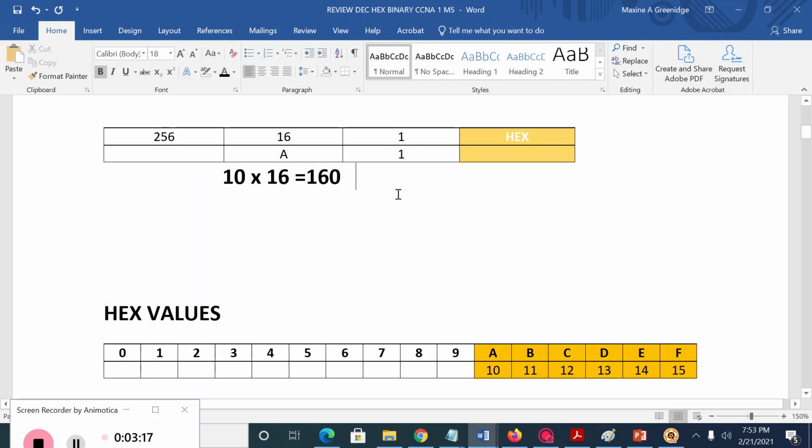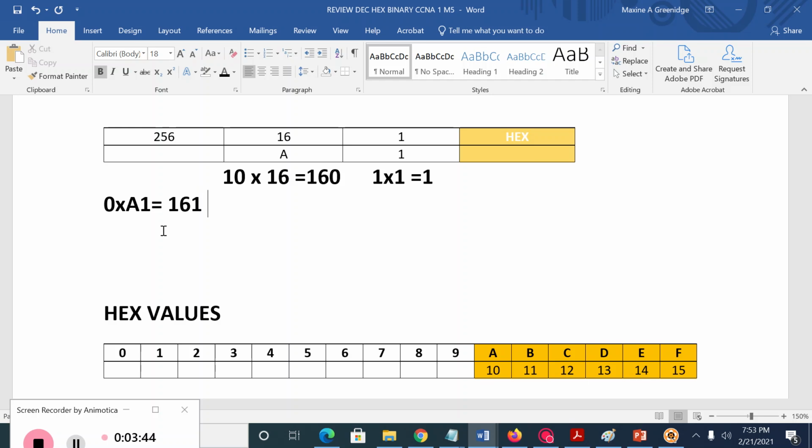So we're simply just going to do a 1 times 1, and we're going to get the value of 1. Now, if we add those up, the 160 and the 1, that would be our decimal equivalent. So hexadecimal 0xA1 equals the equivalent of 161 in decimal.